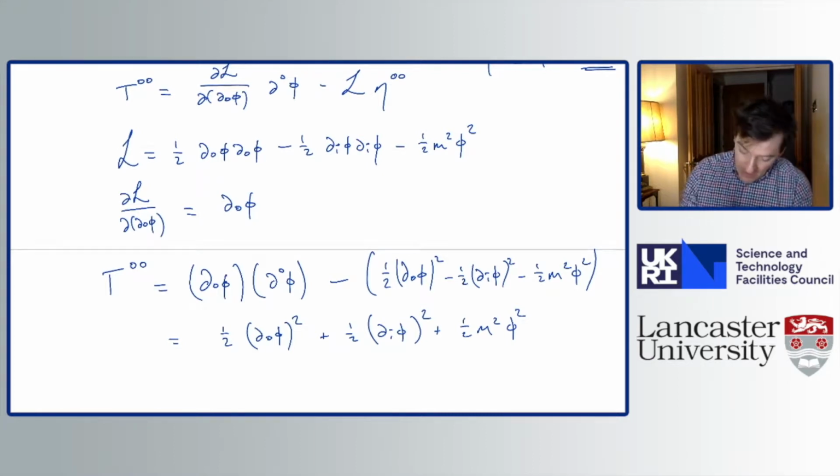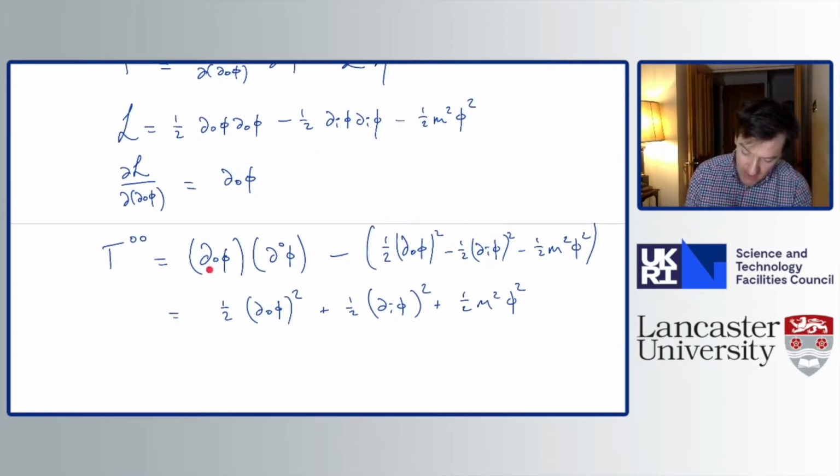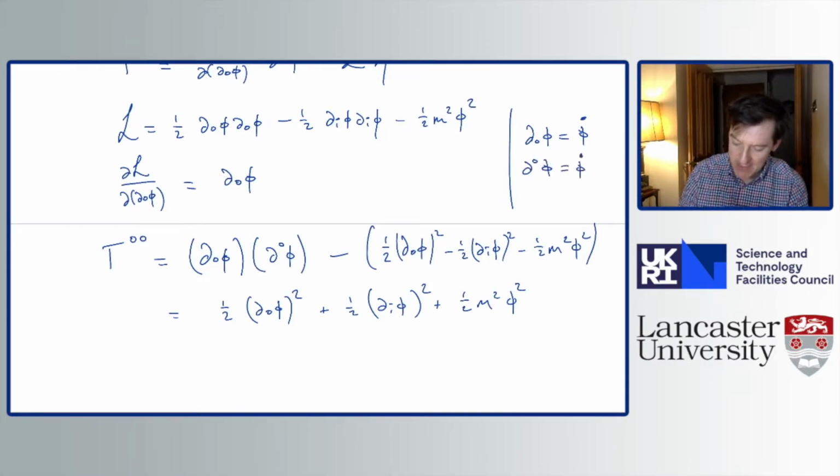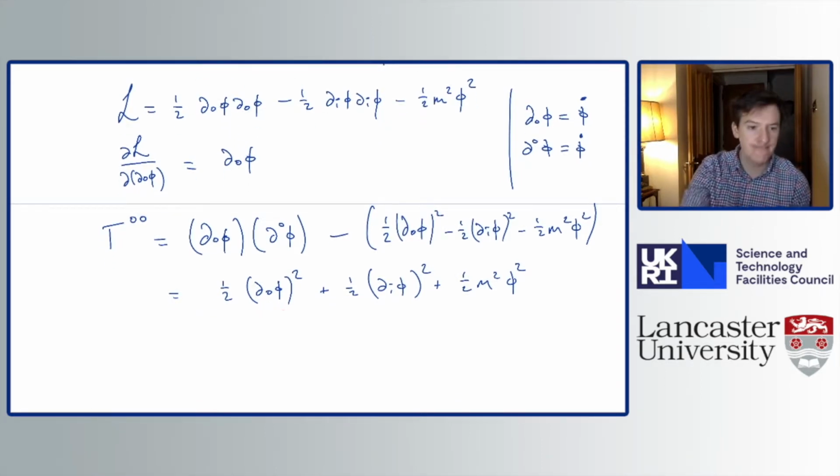And of course, I've used here, I haven't been careful about the heights of the 0, because d0 phi is phi dot in either position. So in other words, the height doesn't matter for the 0 components. So that's why in this line I've written it simply as d0 phi all squared.